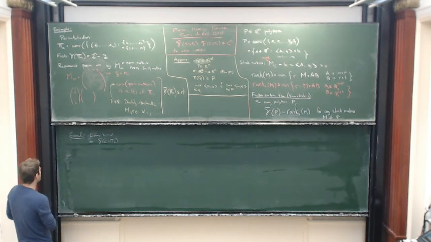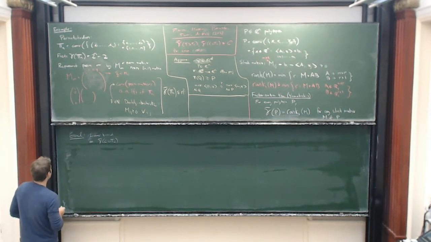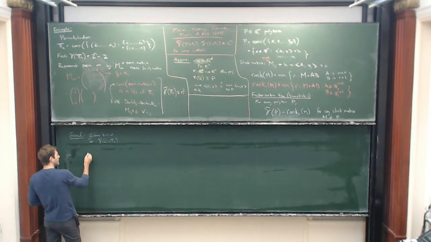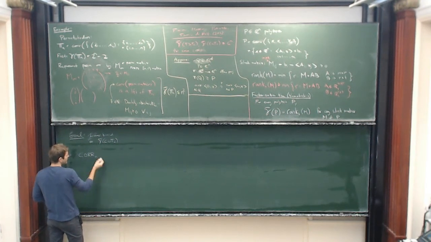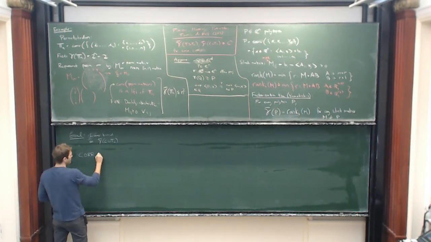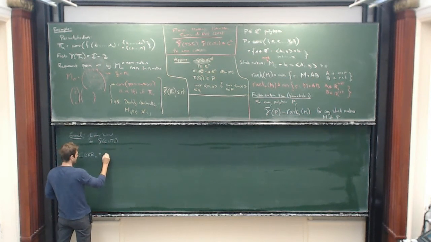So to do that, we should talk about what a slack matrix for the cut polytope looks like. And for that purpose, it's nice to introduce something which is linearly isomorphic to the cut polytope, but looks slightly different. This is the correlation polytope.